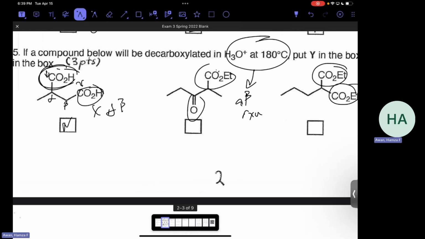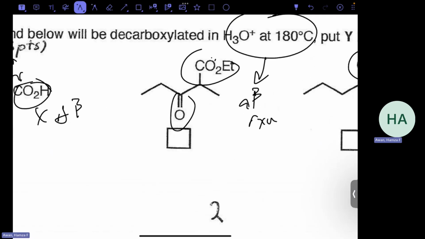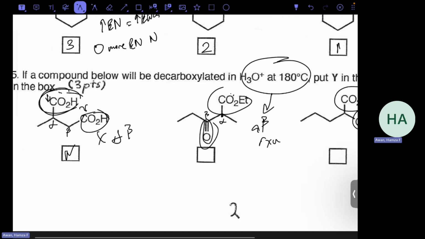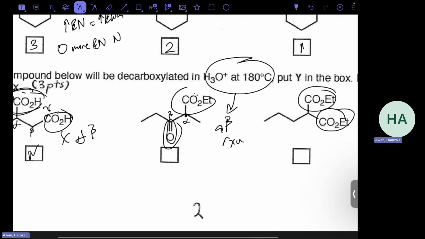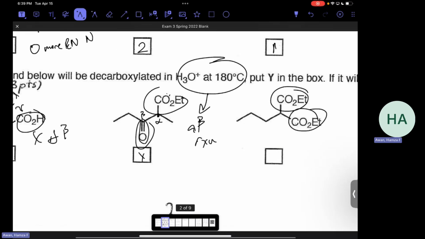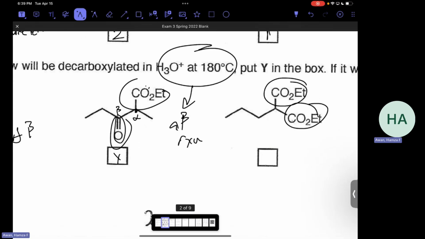Same thing goes over here. We'll start with this CO2Et, so we'll start with this carbon right here. We have alpha and we have beta. Notice how on the beta carbon, we have the carboxyl directly connected to the beta carbon. That's exactly what we want. So in this, we will put yes. Same thing on the other side. Let's go with the right one this time.